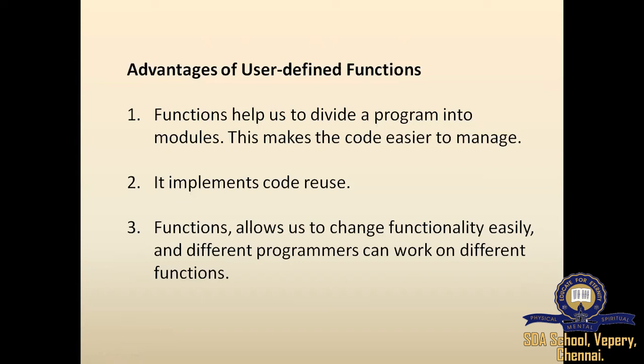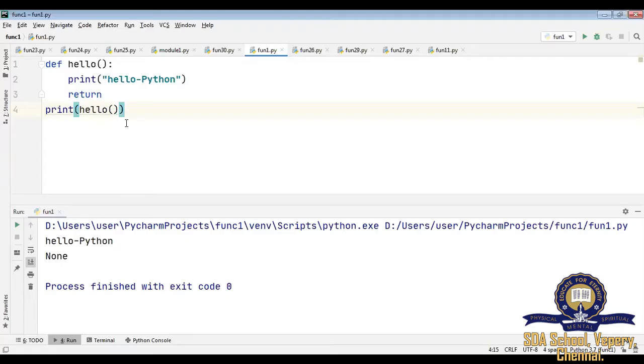Now I'm going to share your PyCharm window to explain functions. So listen carefully. Here, I have already typed a program. I said a user-defined function begins with what keyword? def, it stands for definition, space, followed by the function name.